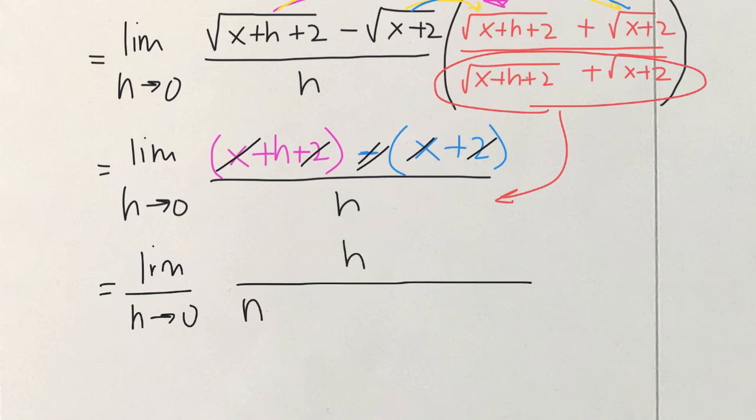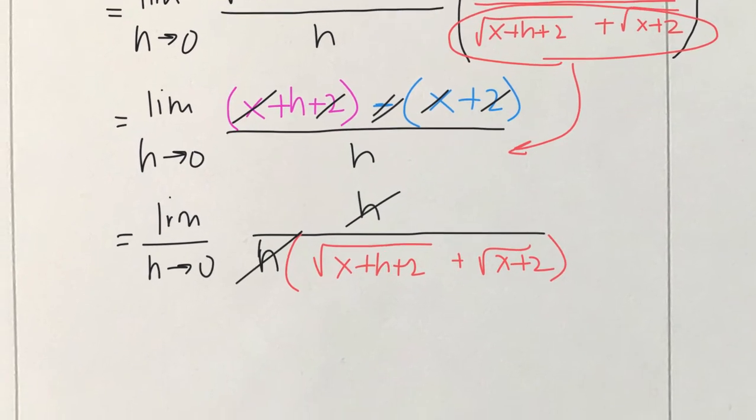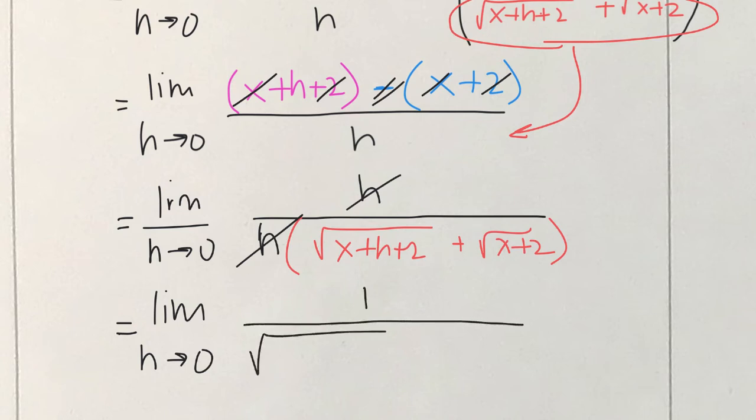But on the bottom, we have this huge radical denominator of root x plus h plus 2 plus root x plus 2. Can't forget about that part. Okay, so now we cancel out the h's, because they divide and give you a 1. So I now have this wonderful radical in my denominator and a 1 in my numerator: root of x plus h plus 2 plus root x plus 2.